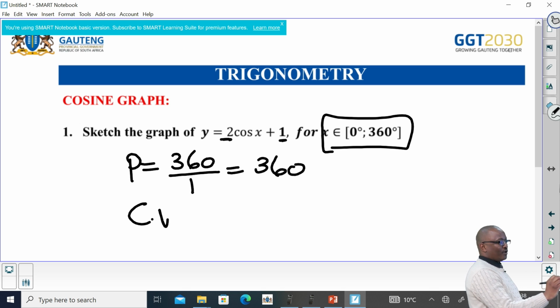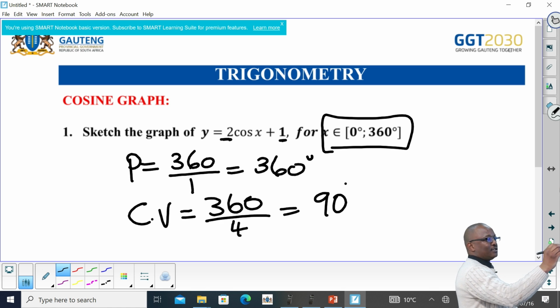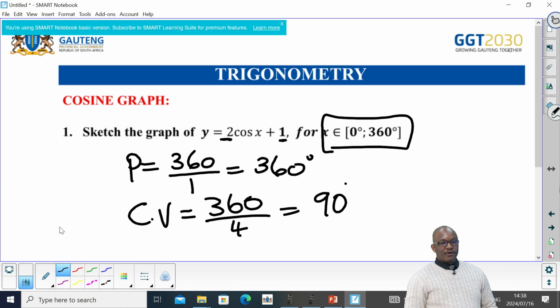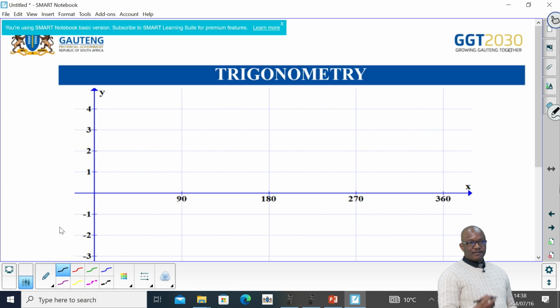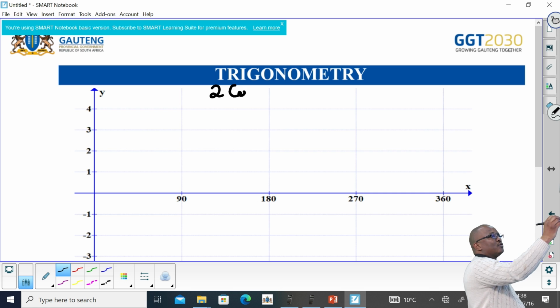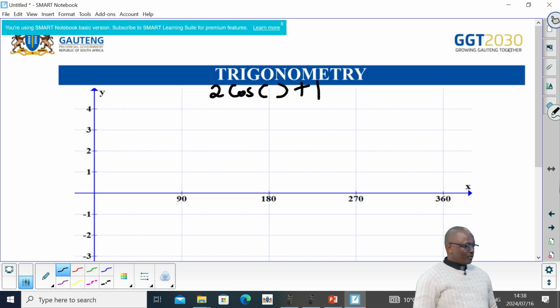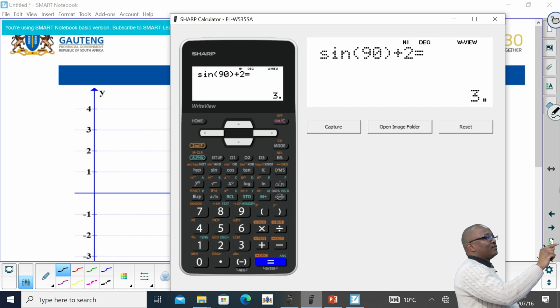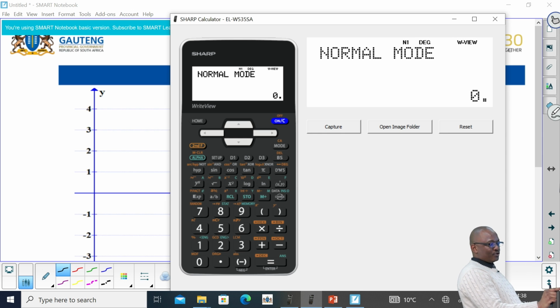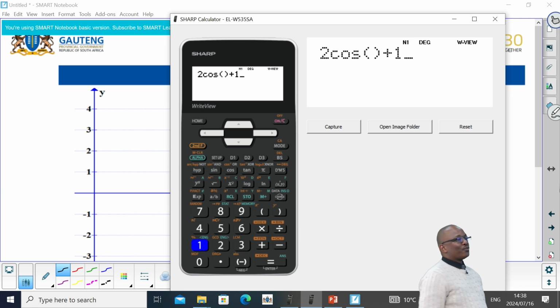Then when you want your critical values, you'll see 360 divided by 4, which is going to be 90 degrees. Correct? So now, you know that our function, when we put it in a calculator, must be 2 cos, where there is x, remember you add 1. So in our calculator, we are going to have 2 cos, open bracket, close bracket, plus 1. So that's what basically you will have in your calculator.